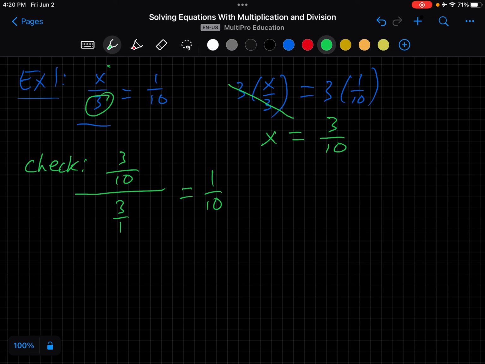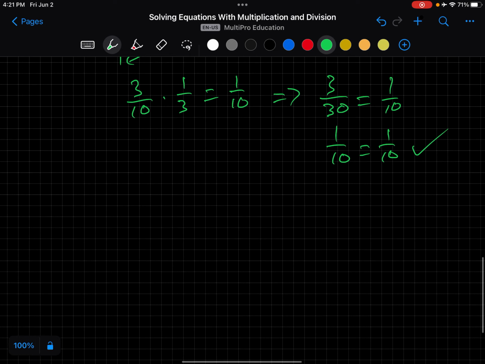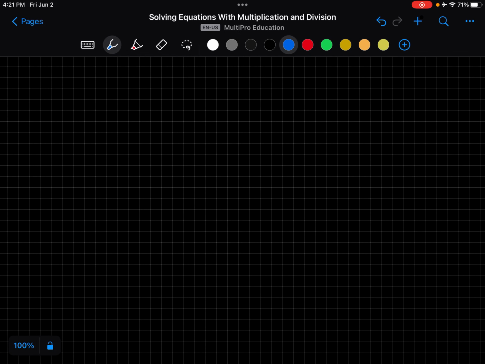Well, we know that when we divide one fraction by the other, this is the same as 3 over 10 times, and we flip these two here, 1 over 3, that's equal to 1 over 10. So that gives us that 3 over 30 is equal to 1 over 10, and we know that this reduces to 1 over 10, because 3 times 1 is 3, 3 times 10 is 30. So 1 over 10 equals 1 over 10. We checked out. Alright, let's look at another example.